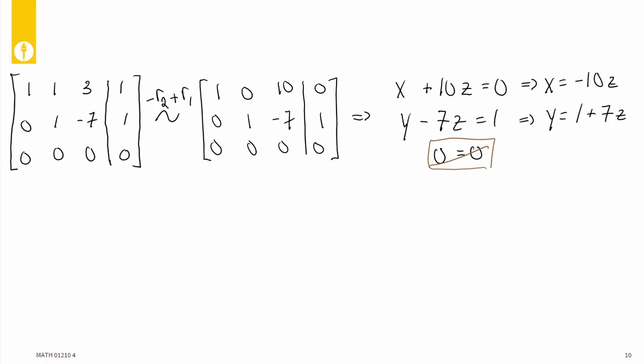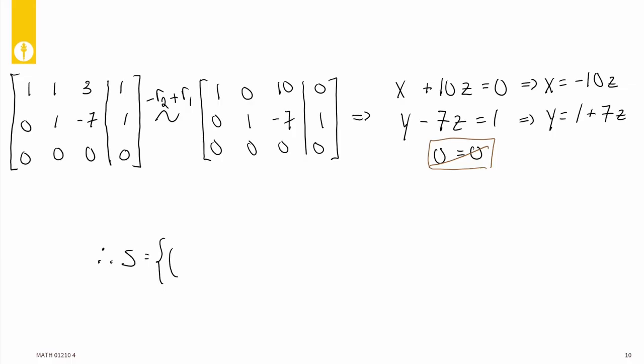So you rewrite each equation to be something in terms of z. So our solution set is going to be a set of ordered triples. Well, I'll pick something for z. I don't want a number, because that would just give me a single solution. I want to write it as an infinite set. You can leave it as z if you want.